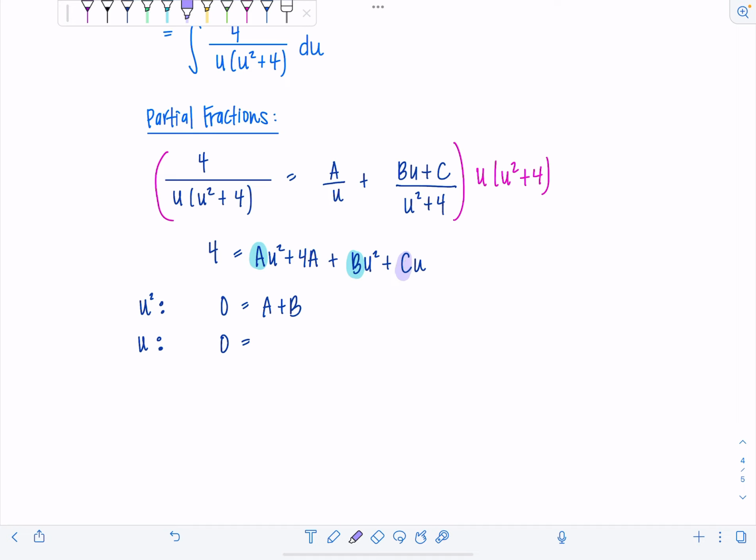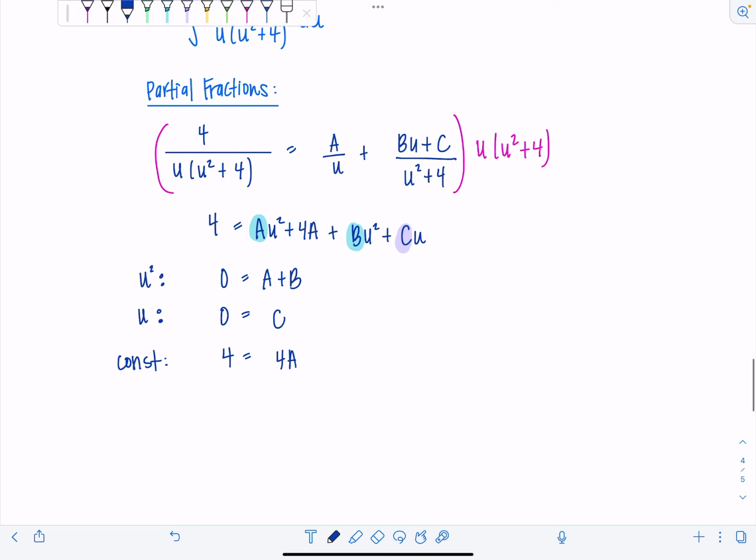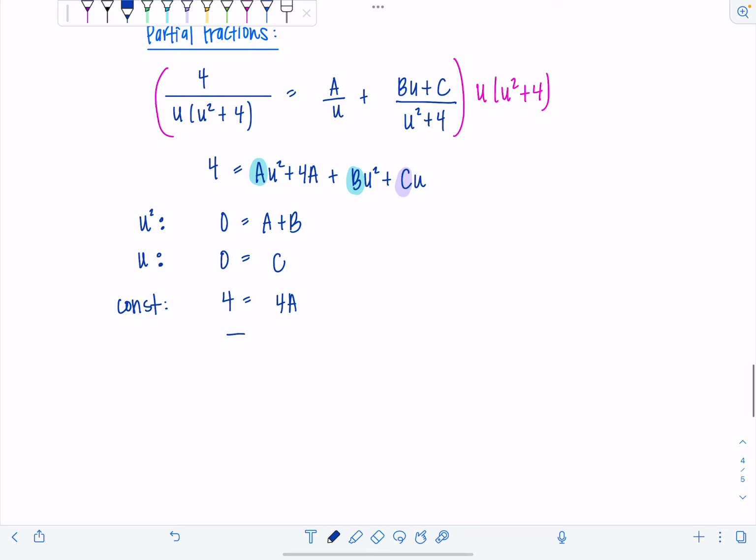So that must equal c. And then constants, let's see, 4 has to equal 4a. Oh my goodness, we're getting the same values as last time. How strange. Or maybe not strange, huh? So a is 1, c is 0, and b is -1. Did you get the same thing?